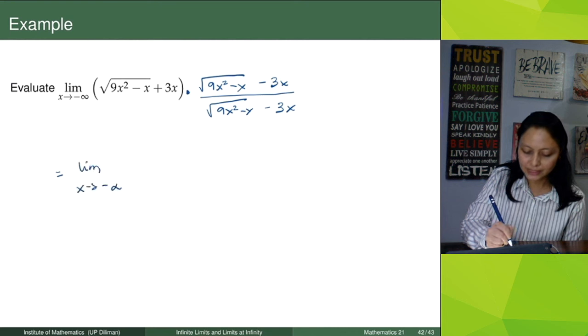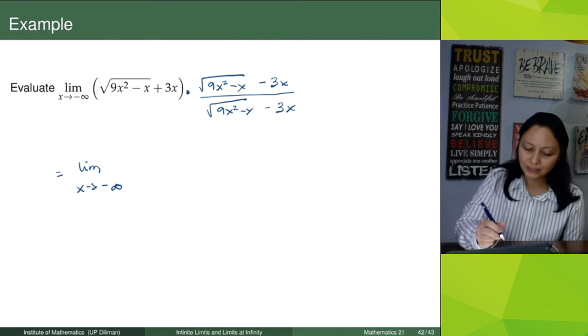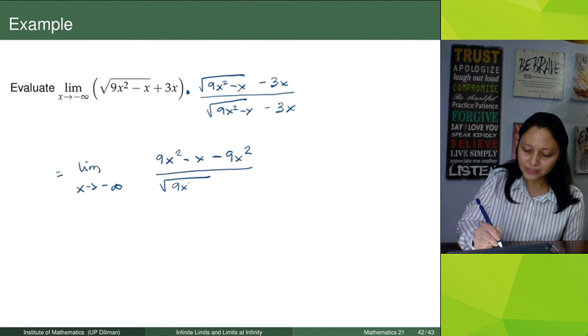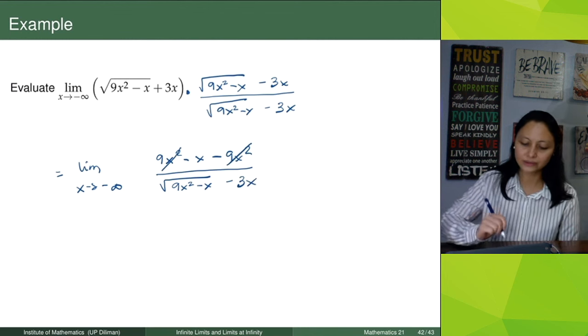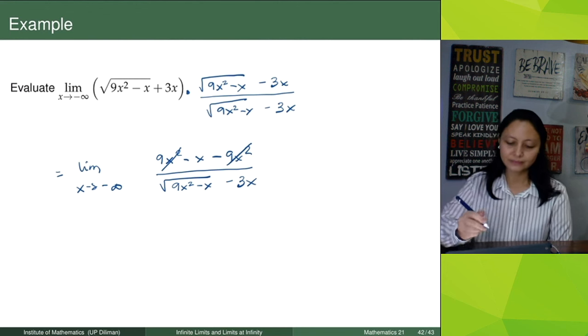So get the limit as x approaches negative infinity. In the numerator, you just square the first term, the square root disappears: 9x squared minus 9x squared, all over the square root of 9x squared minus x minus 3x. So that cancels, leaving negative x.